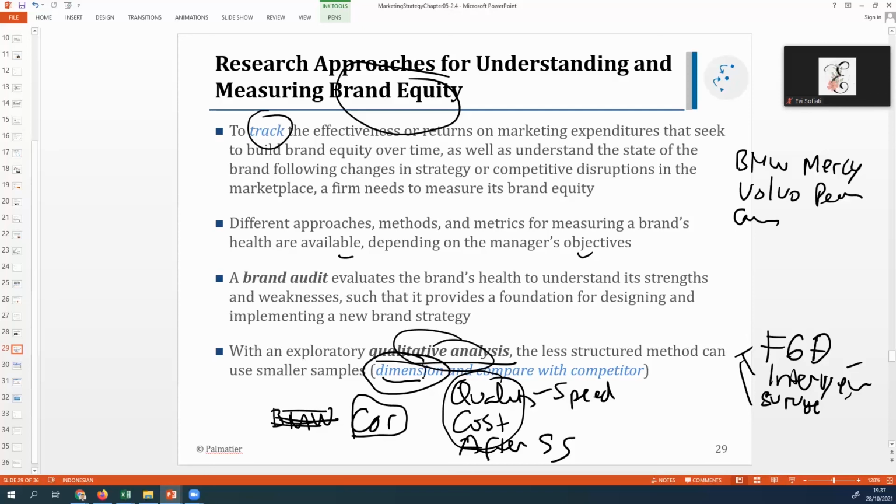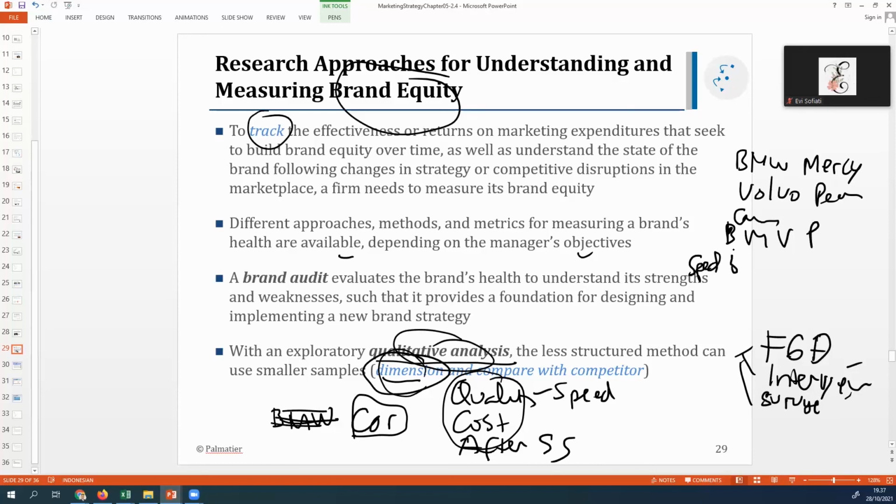We identify what this dimension position is in each of the makers. Okay, let's say we use a table. This is BMW, Mercedes, Volvo, Peugeot. This is the speed. What do they think of the brand?